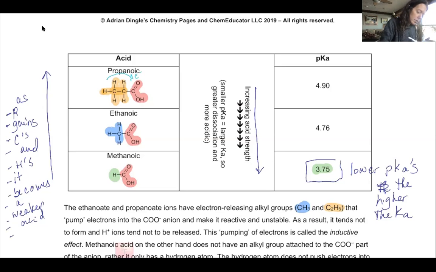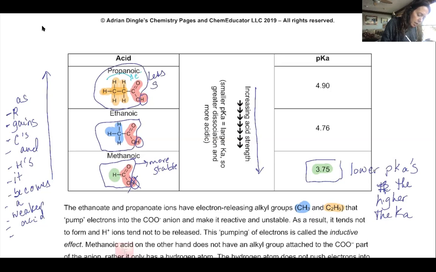Therefore, what is left behind here when we take that H away is more stable than what is left behind here when we take it away, and here when we take it away. We know it's less stable. Why? Now, this is what I need you to ask me questions about. Read the notes.